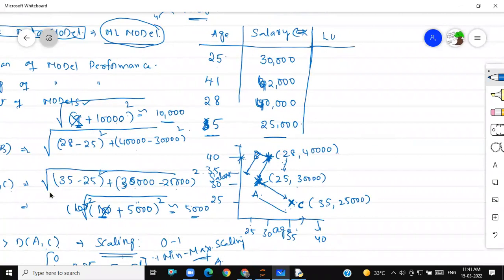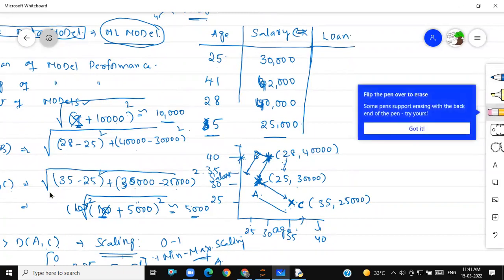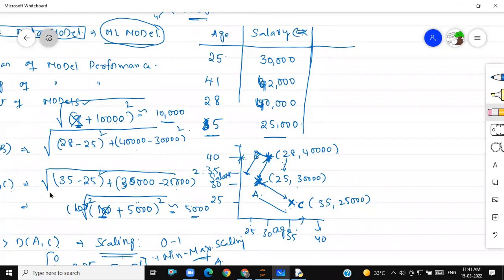Let us say, for example, that a banking credit card department is there. The banks are calling the customers and asking, do you have any requirement for a credit card?